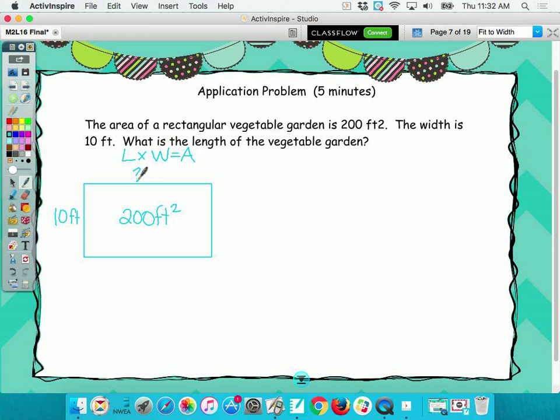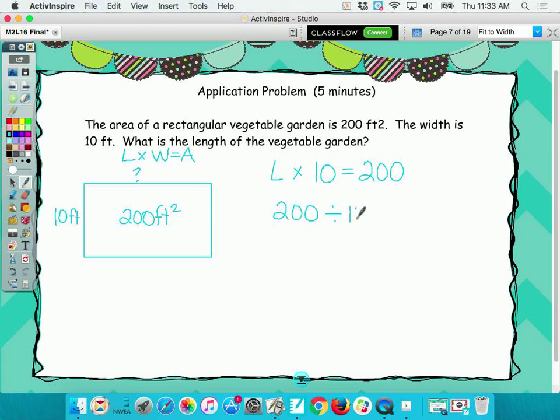So if I'm going to plug my numbers in to the formula, I'm going to do length times 10 equals what? 200. I don't know the length. Now, how do you solve a problem like this, Brian? 200 divided by 10.